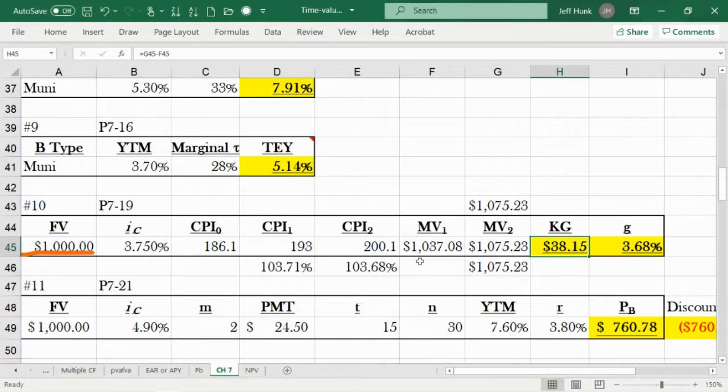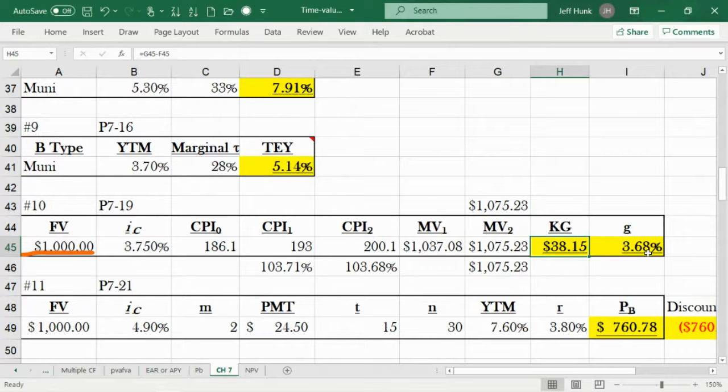So actually, after adjusting for inflation, this was the maturity value at the end of year one, and this is the maturity value at the end of year two. So capital gains between 2 years is this.